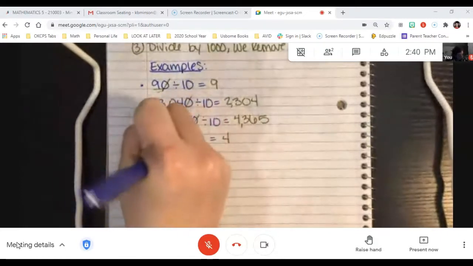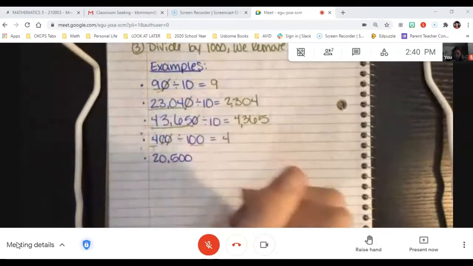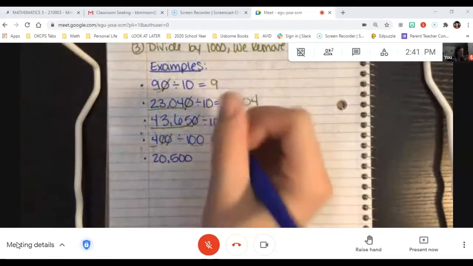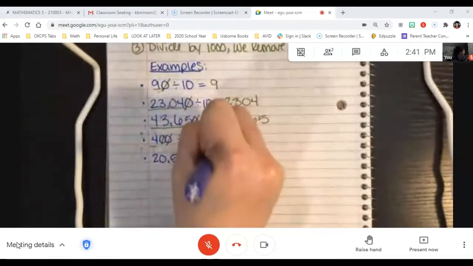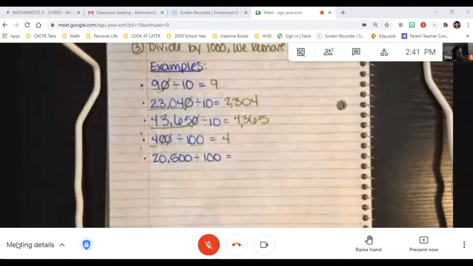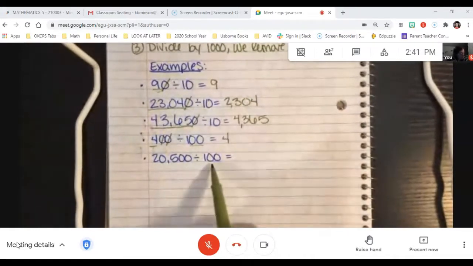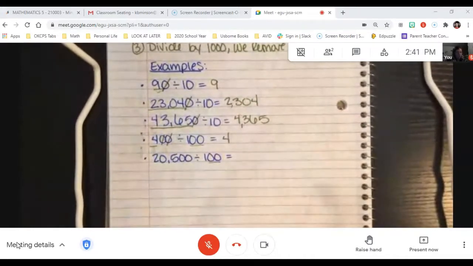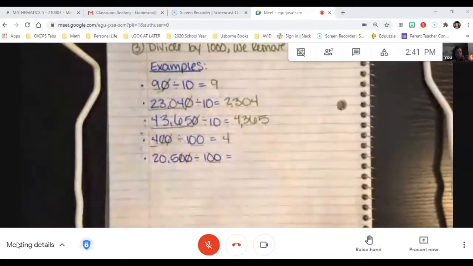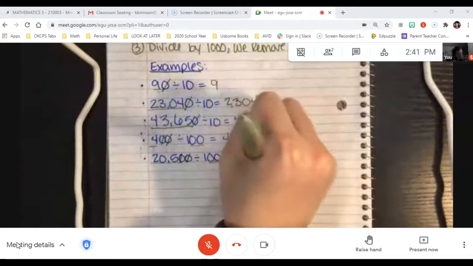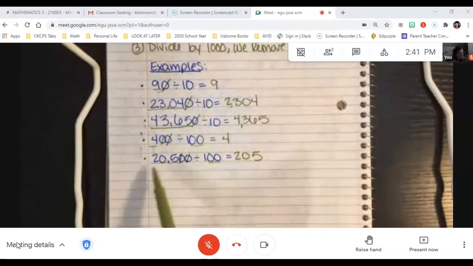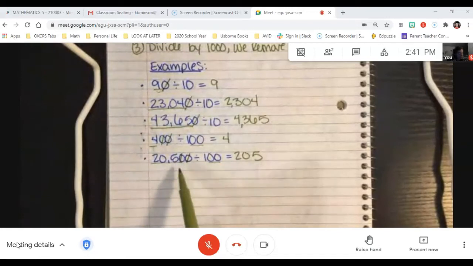If I have 20,500 divided by 100, since I'm dividing by 100, I can remove 2 zeros. So 1, 2, I'm left with 205. As you can tell, I did not mess with this one because it was not at the end of the number. I messed with these two because they were at the end of the number.